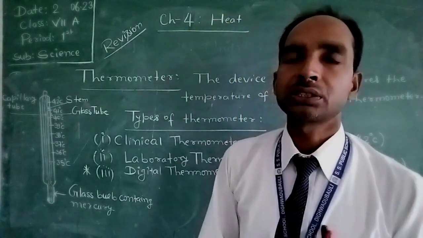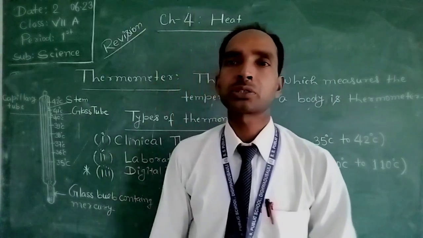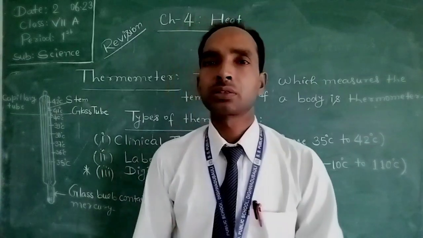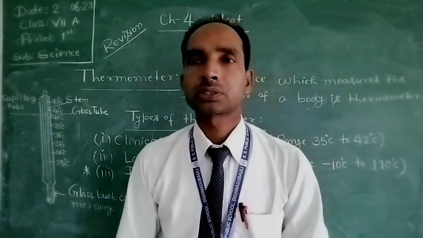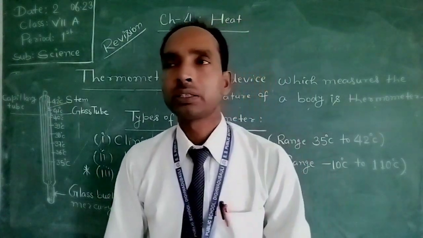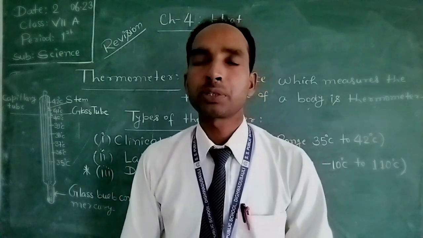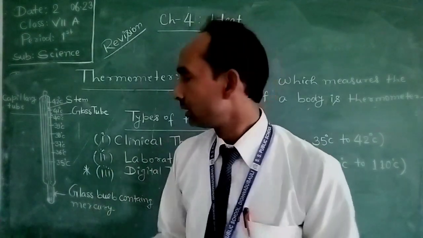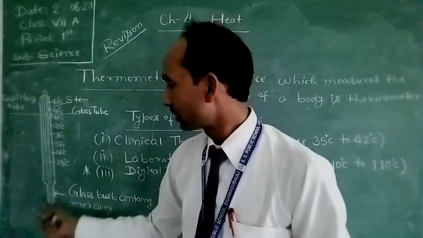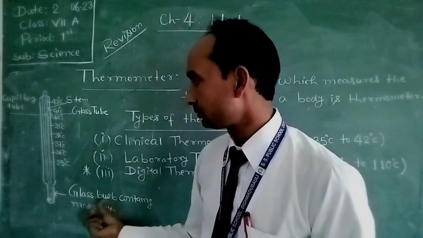And how does the clinical thermometer measure the temperature of the human body? You see in your houses, when any person falls ill, what happens? The doctor comes and takes the thermometer and places it inside your mouth, on the side of the glass bulb.